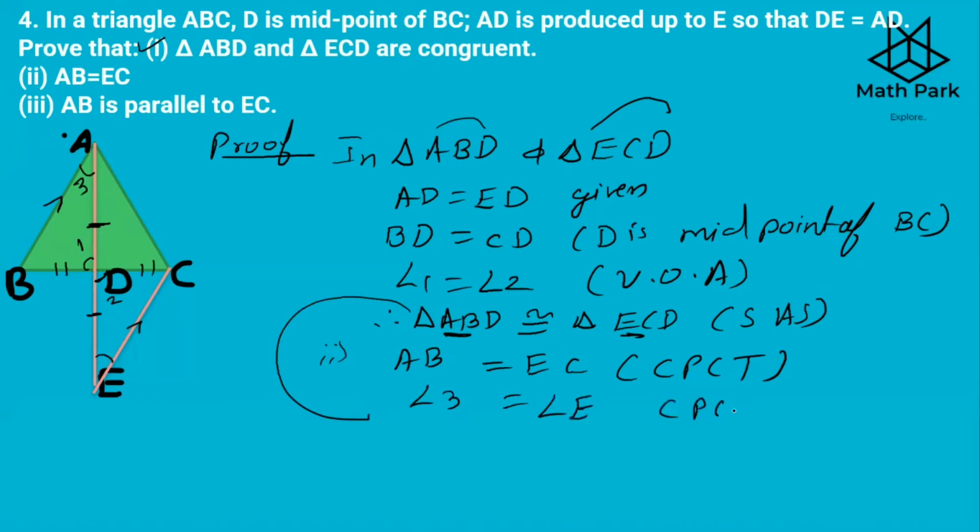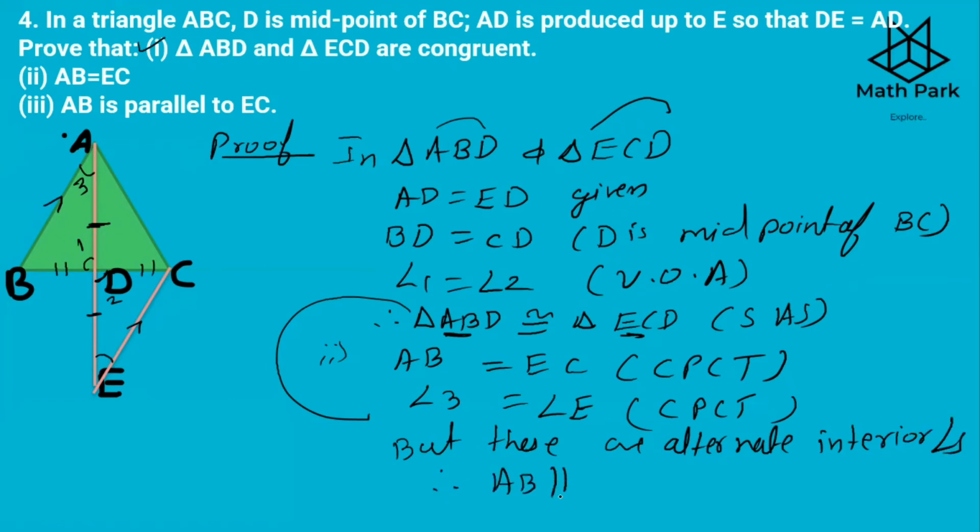I can name only angle E because a single angle is formed. Now, angle 3 and angle E are alternate interior angles when AE is a transversal, and therefore you get AB is parallel to EC. Got it?